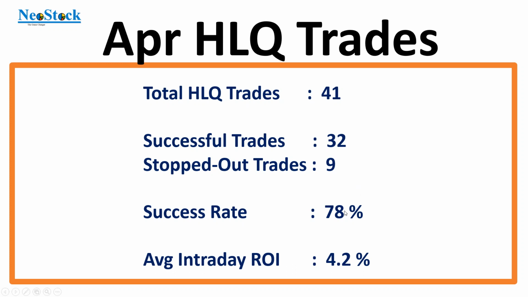But in this month, the success rate is a little less than 80%, 2% less. Even our average intraday ROI for the last 6 months data is 6%. But this month, looking only at April data, it has come down to 4.2%.